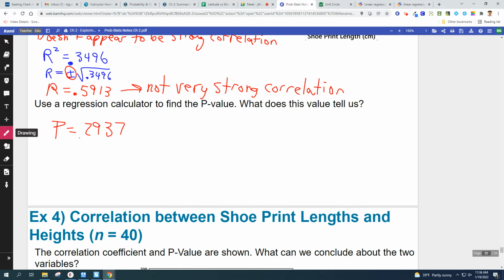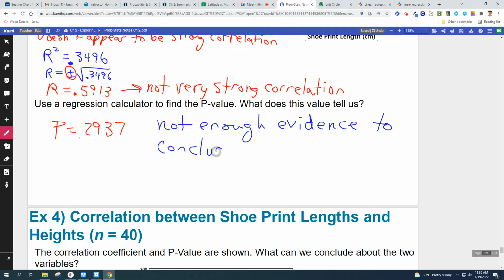This would say not enough evidence to conclude there is a linear correlation.